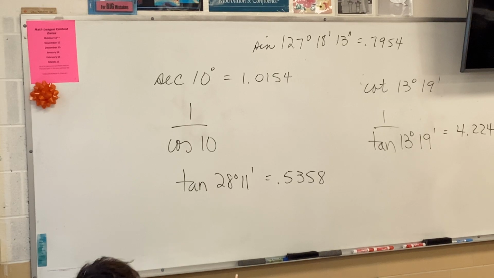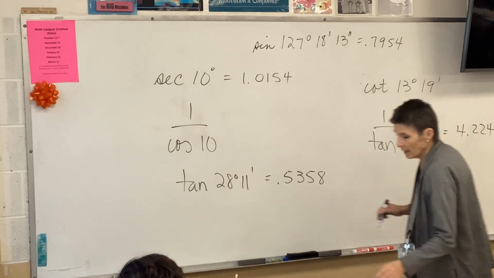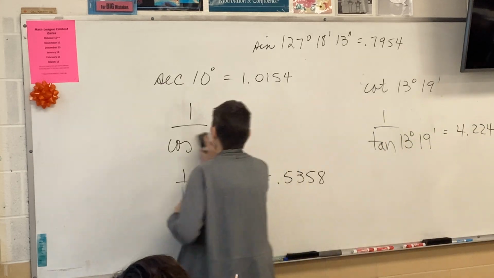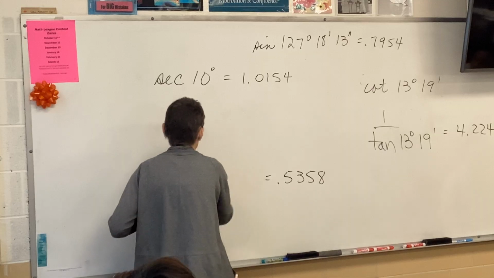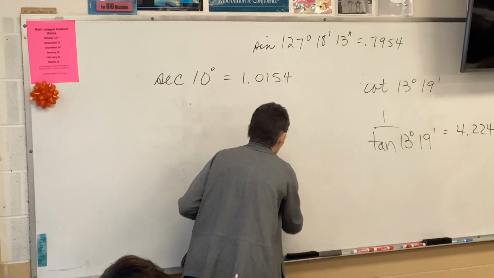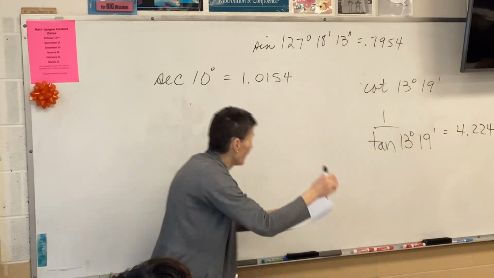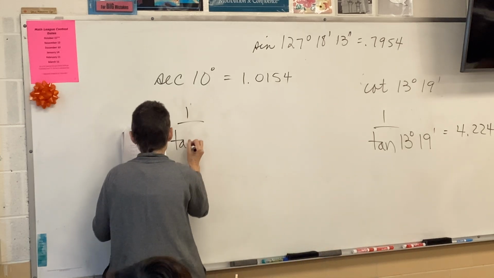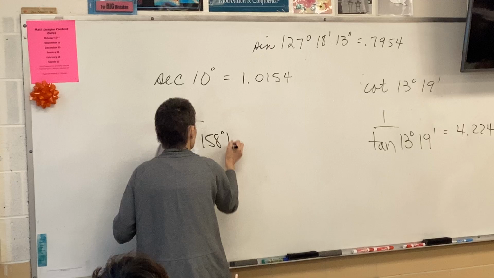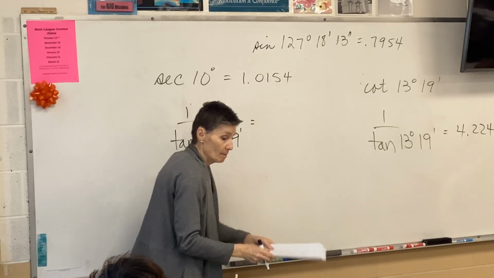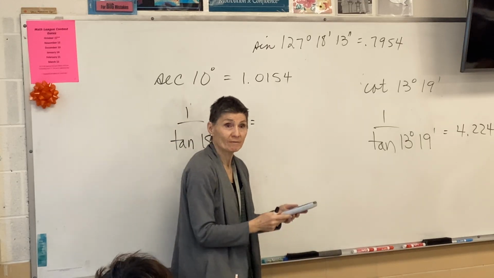Okay, so Leilani has a great question. Leilani typed in 1 divided by tangent 158.19, because cotangent is 1 divided by tangent.